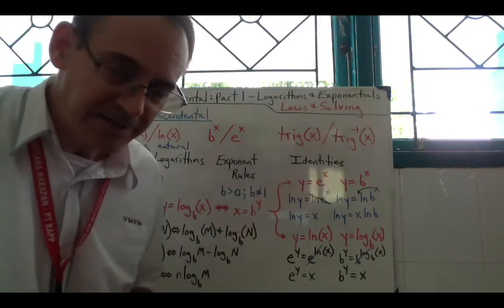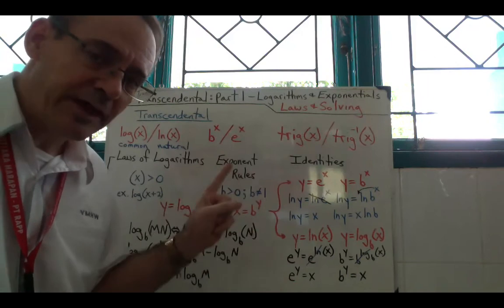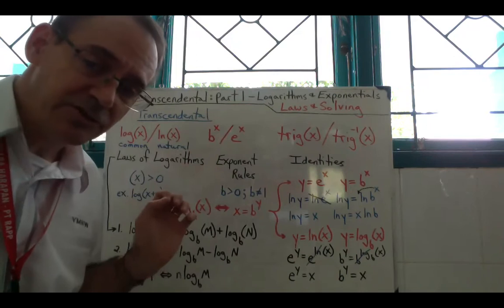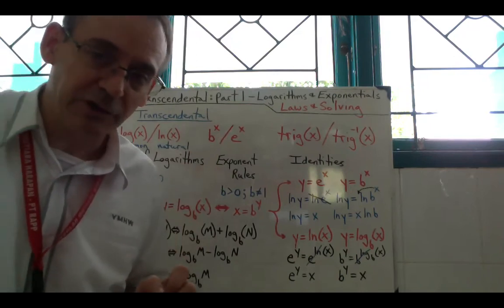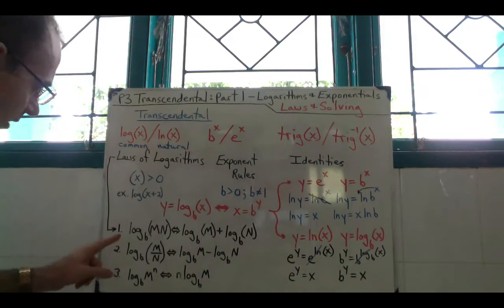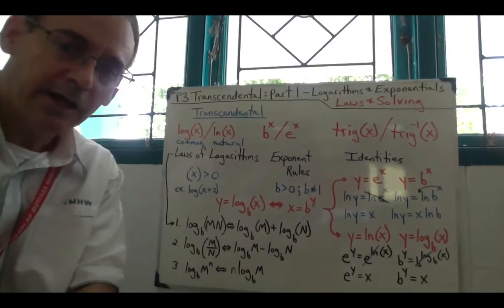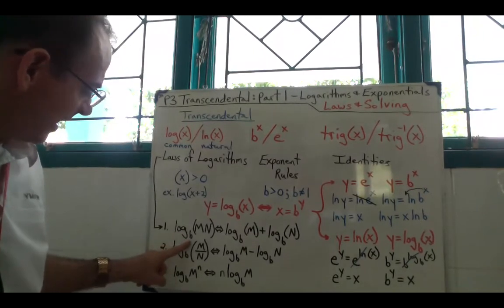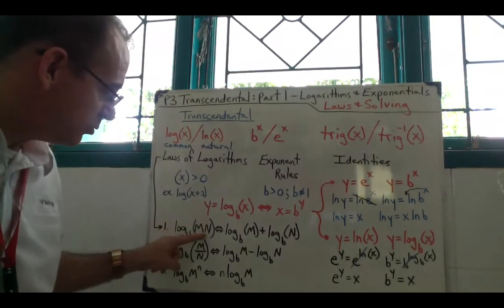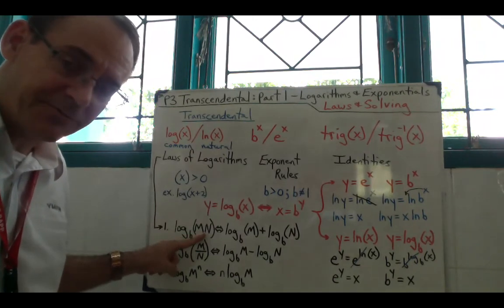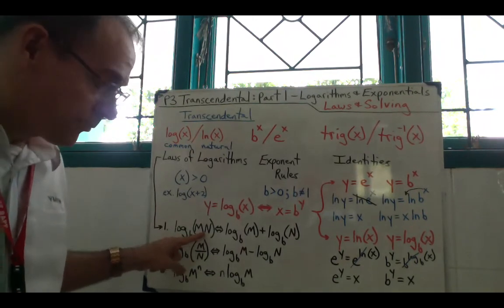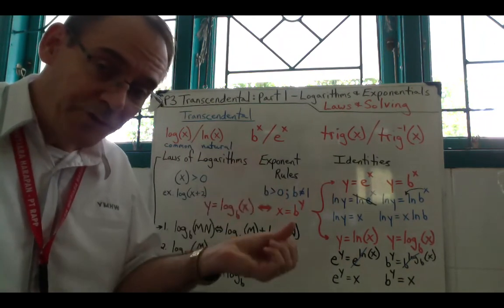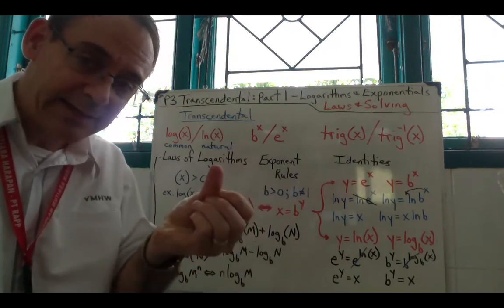There are other exponent rules, but if you know the exponent rules, then you can think backwards to the logarithmic rules, your laws of logarithms. Your first law of logarithms: if you have a logarithm of whatever base, and inside the argument you have a product of values, remember that when you're multiplying like bases, you add exponents.